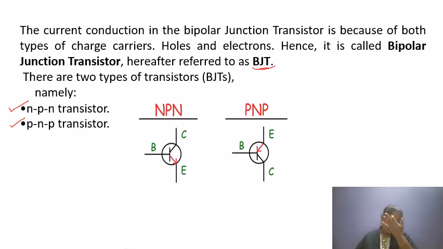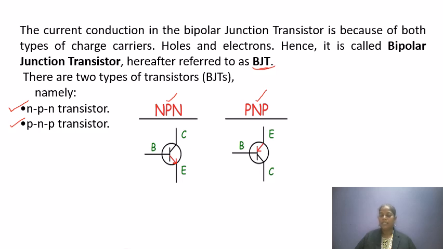The main point to observe from this symbol is that in NPN the center region is P, positive, on both sides, and it is represented by an outward arrow. So the arrow should be outside. But in the case of PNP, the center region is negative, so the arrow is inside.